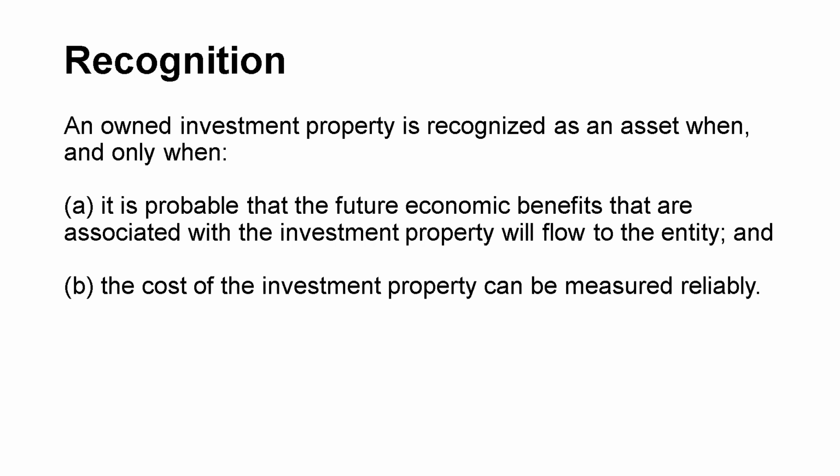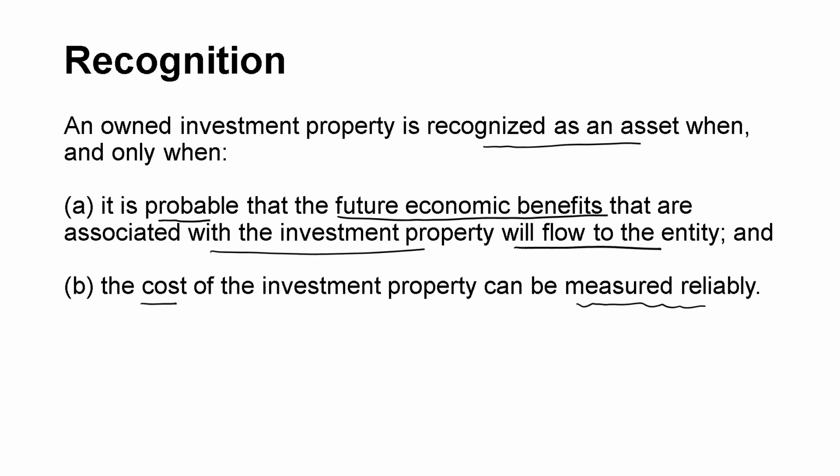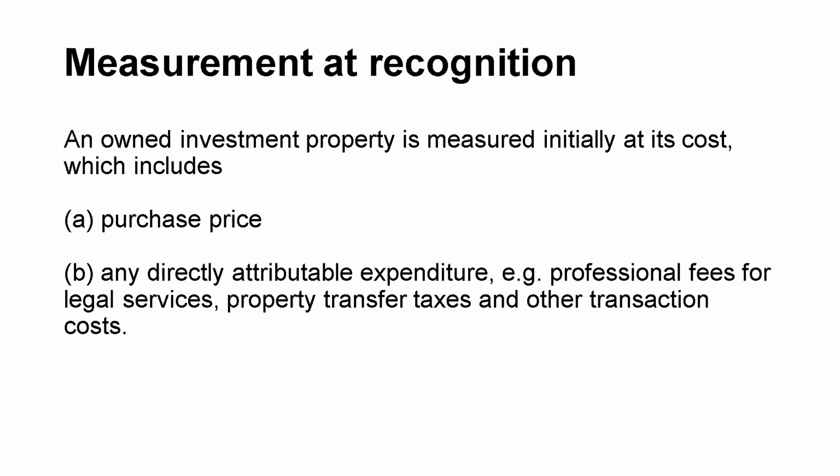As far as recognition of investment property is concerned, investment property is recognized as an asset only when it is probable that future economic benefits associated with this property will flow to the entity, and the cost of investment property can be measured reliably.